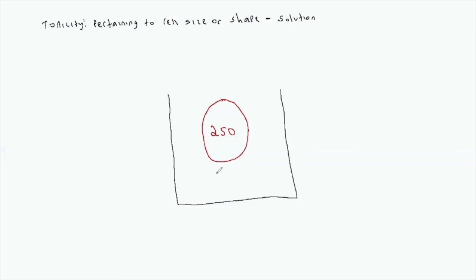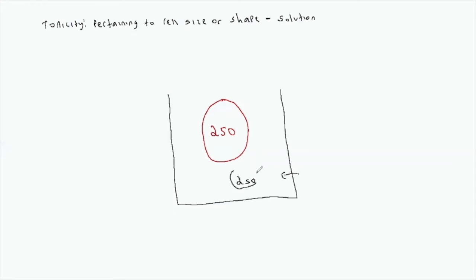And this pretend beaker that I drew is going to represent the outside environment. And under normal circumstances, it's going to have a very similar osmolarity. But in this case, we are going to refer to the concentration of the outside solution as tonicity, because tonicity pertains to cell size or shape.